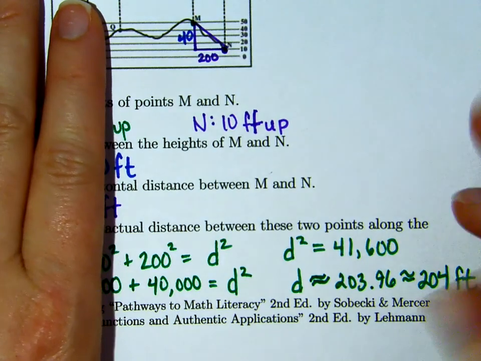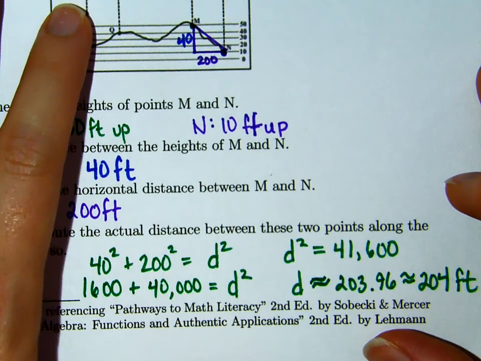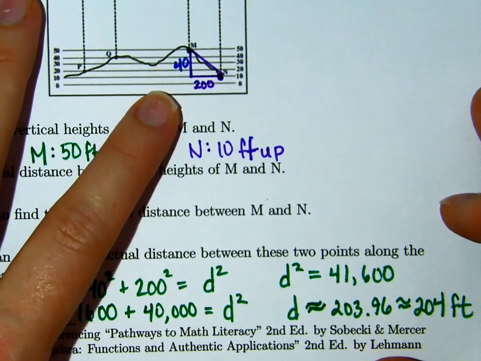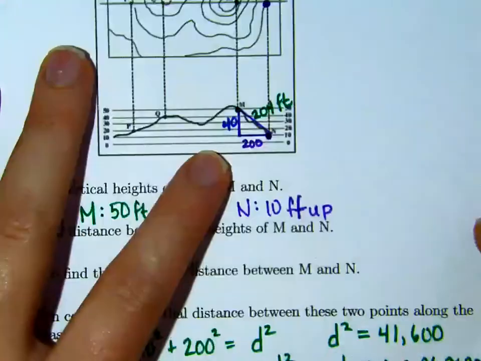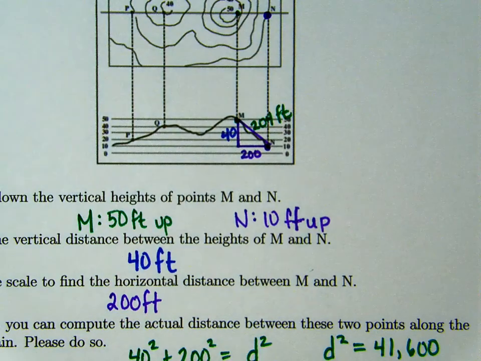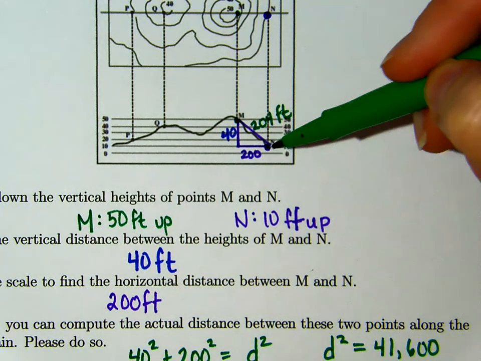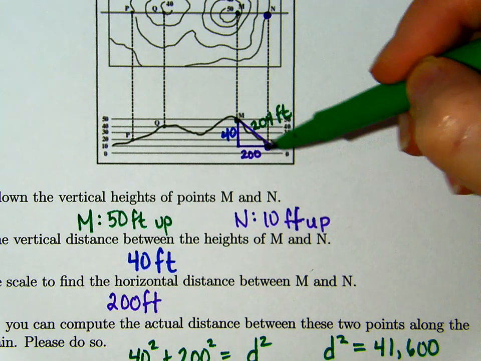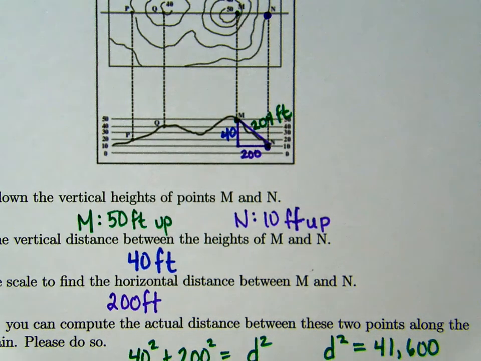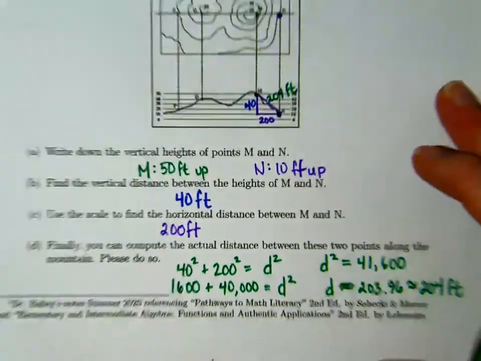Everything's in feet here, and that is a really important thing to mention. So this is about 204 feet of hiking. You're going up and you're going over, and so you're going up this mountain, and that is a total of about 204 feet of actual hiking.